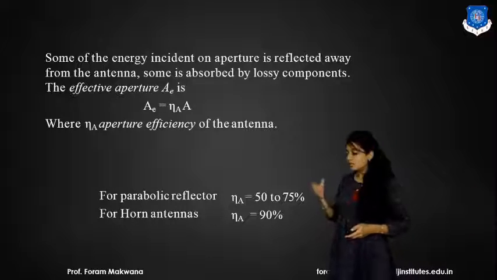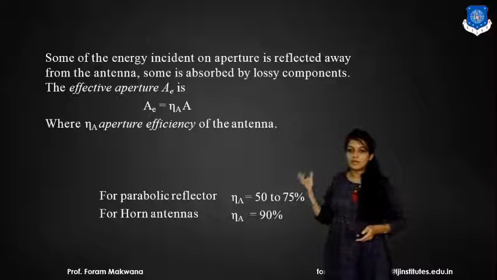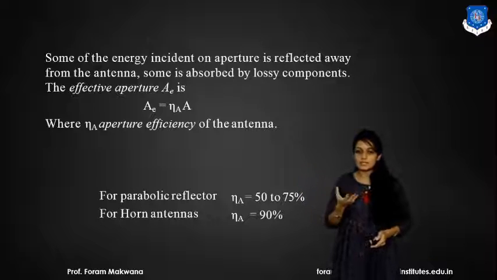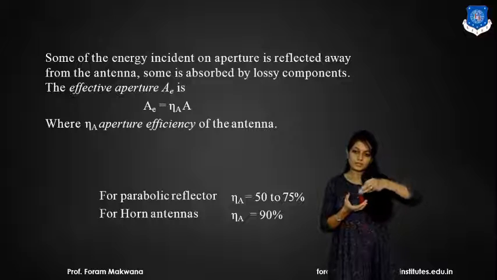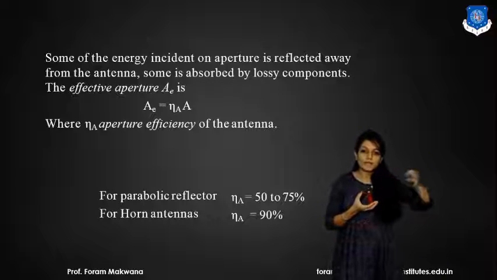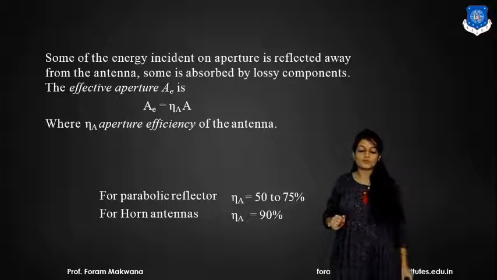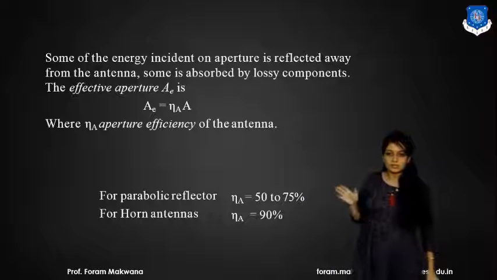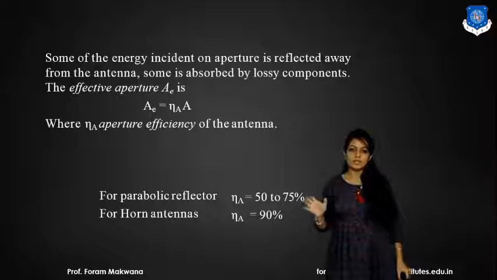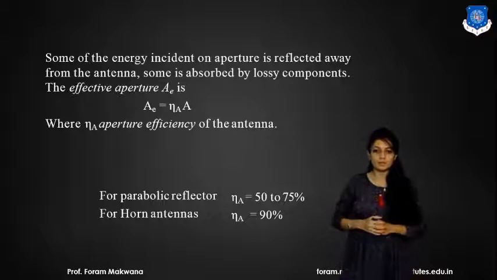Why? Because some of the energy incident on the aperture will be reflected away from the antenna, and some is going to be absorbed by the lossy components. So we need to calculate the effective aperture.